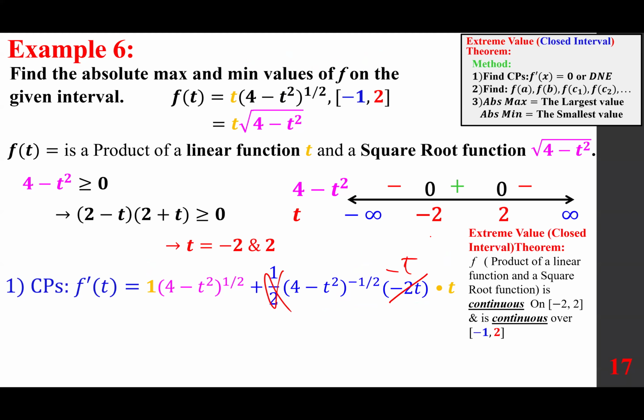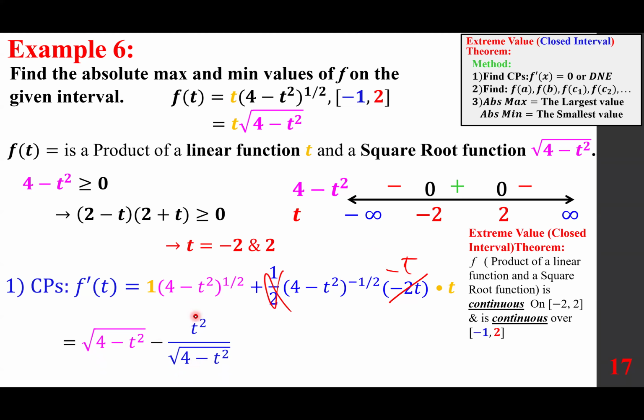So what we have, this is a square root. This is a square root. This one is a fraction. This is at the bottom with the square root format because negative 1/2 becomes positive 1/2. Then in the numerator, we have plus 1 times minus t. The product of these three is negative t squared. Therefore, this one is this one. This one is this one minus t squared.